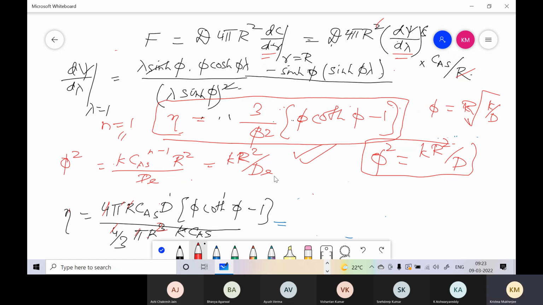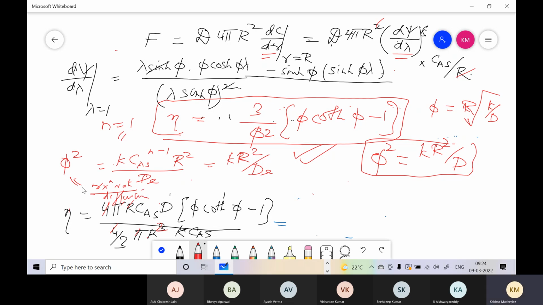Fine. And now, if I'm making mistakes, I think we are just going to go with it. As I said, phi square is also, I hope you realize this, a reaction rate upon diffusion rate.